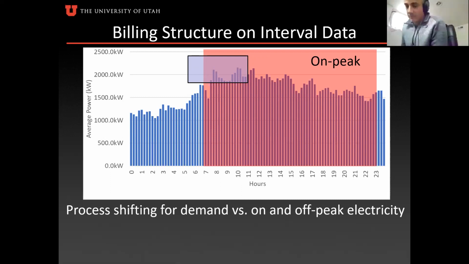Just to clarify, you're talking about demand or on- and off-peak electricity rates? So do we get our demand rate from this analysis of our demand during on-peak and off-peak hours? When you say demand rate, do you mean how much it costs in dollars per kilowatt?